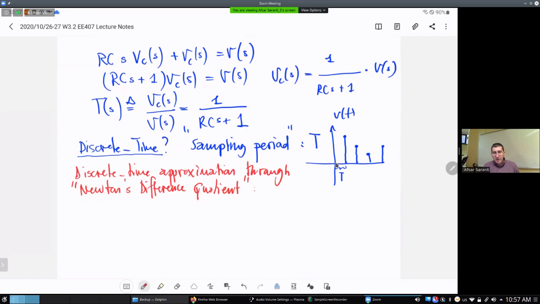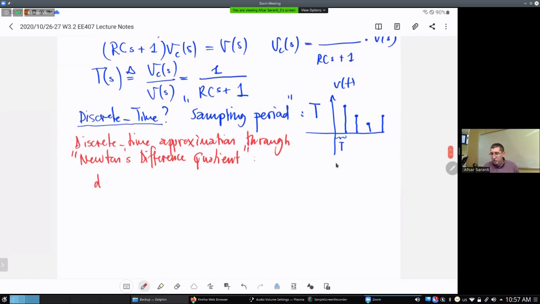Okay, so the way to do this is to approximate the derivative. Okay, dv(t)/dt, v(t) being any one of our variables, but in this case it's going to be the capacitor voltage. Okay, so we will approximate this by a finite difference. Remember, it's the definition of the derivative. The derivative is actually defined with a limit where you have a difference, but the interval you take that difference is actually vanishing.